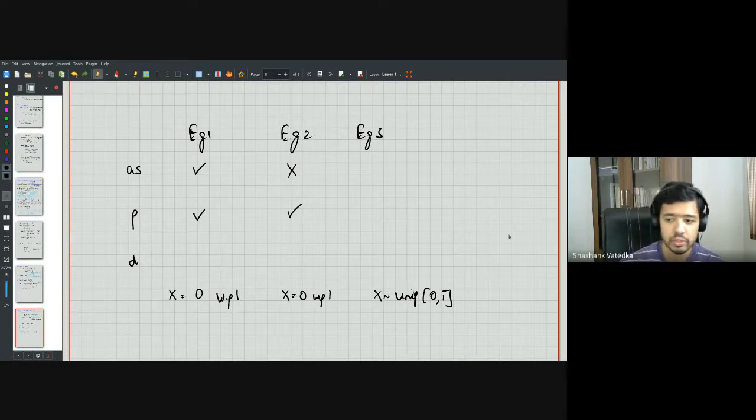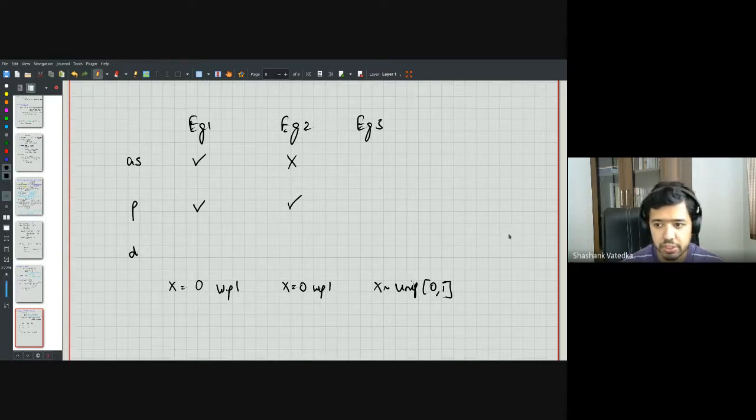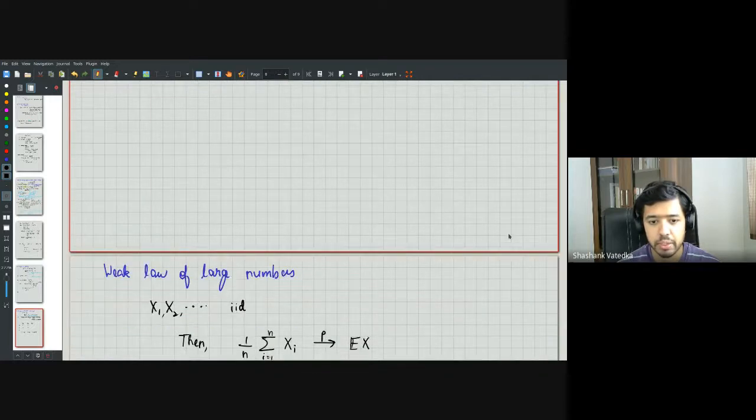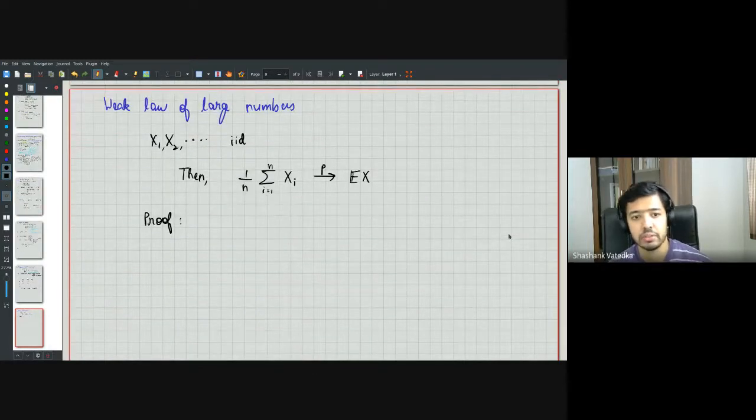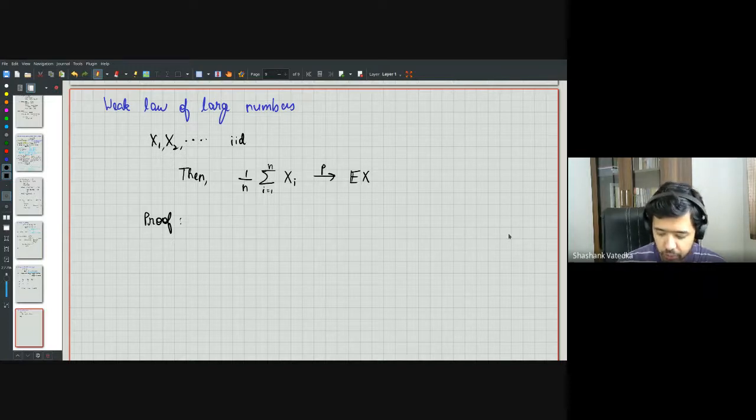Okay, so let's see a couple of theorems that you would have seen in a course on probability and random processes. So you would have seen the following: the weak law of large numbers. Of course, the weak law of large numbers holds for slightly more general sequences of random variables.